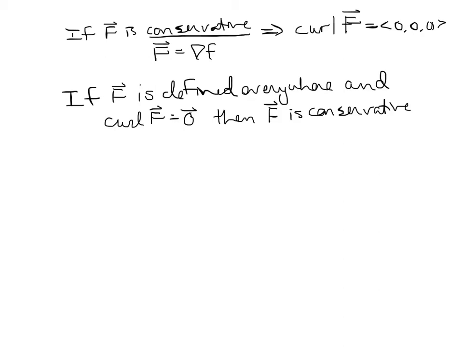All right. Okay, so that's it on curl. Let's talk about divergence for a minute. So the divergence of F is denoted div of F. And the divergence is the gradient dotted with the vector field.